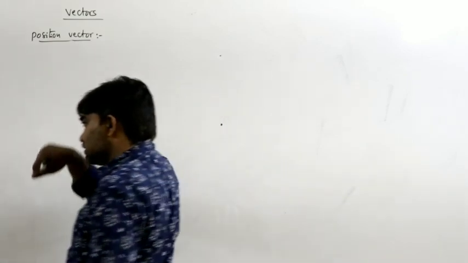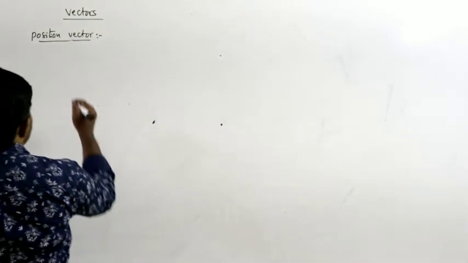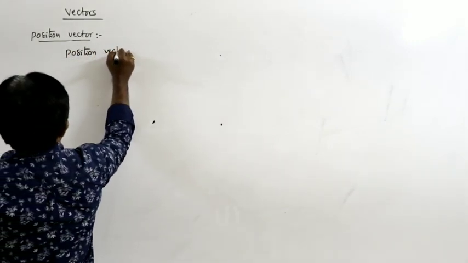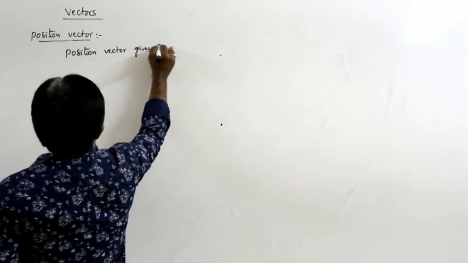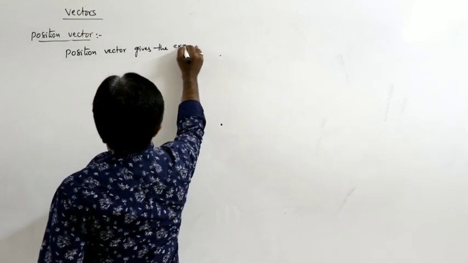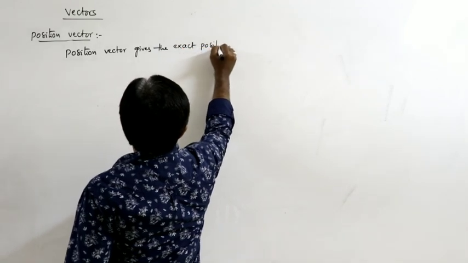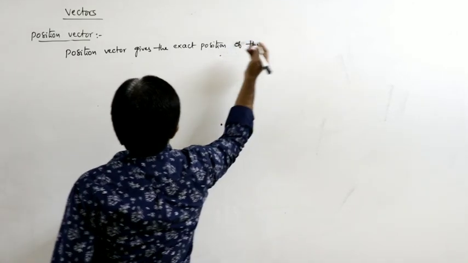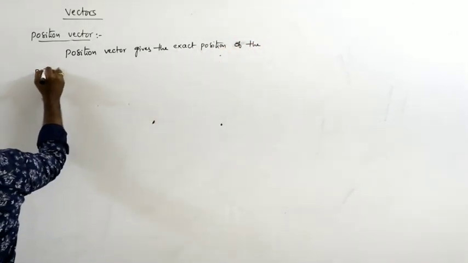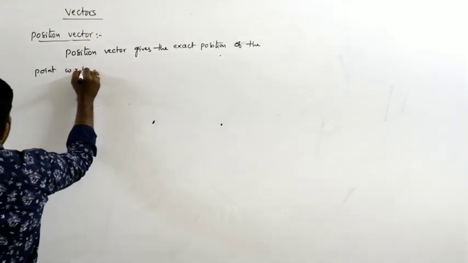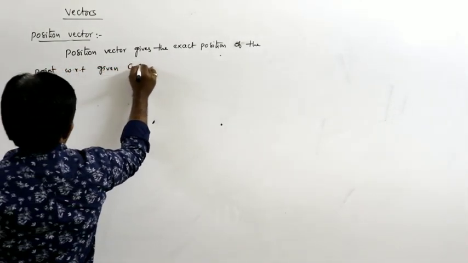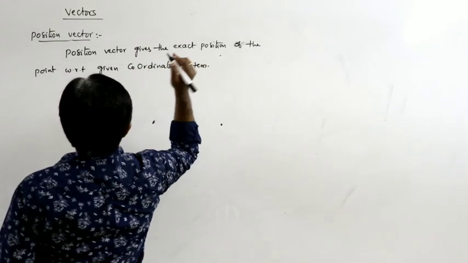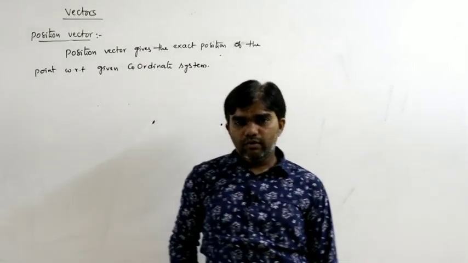The position vector gives the exact position of the point with respect to the given coordinate system, or with respect to the given point, whatever it is.